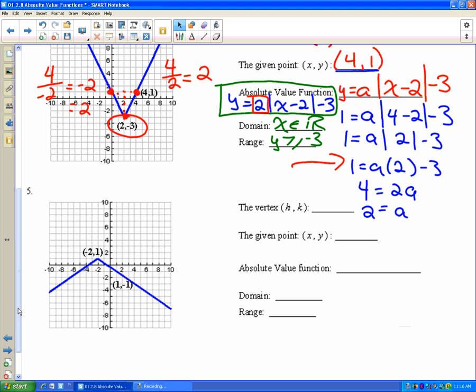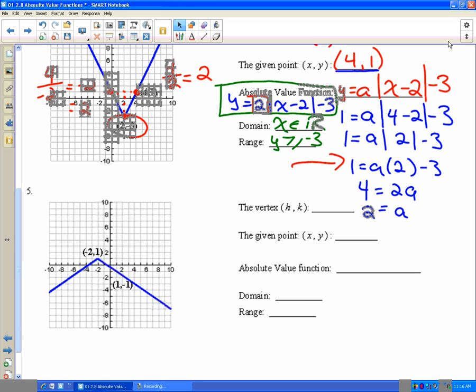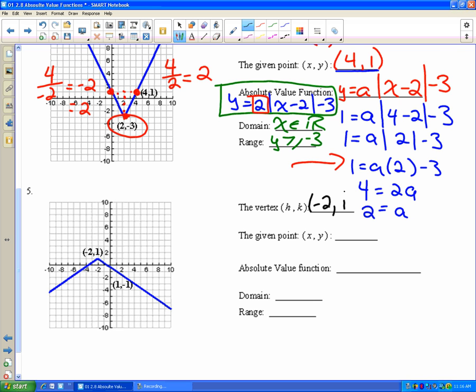Last example. We are at 18 minutes, so I'll try to go quickly. My vertex is the coordinate negative 2, 1. The other given point is the point 1, negative 1. I know I'm going to use the equation y equals a times the absolute value of x minus h, plus k.